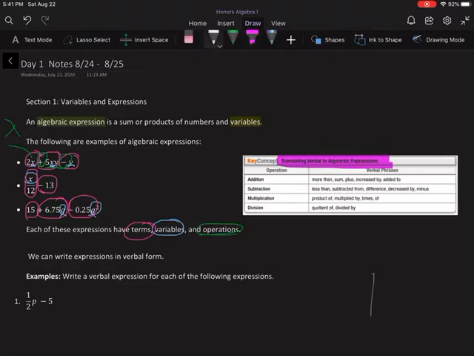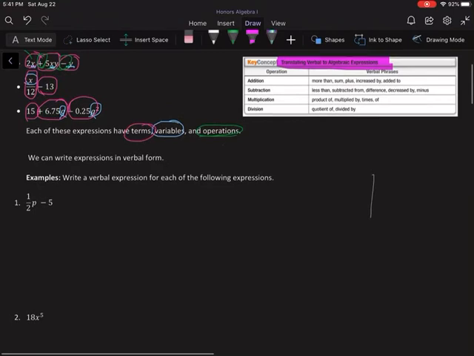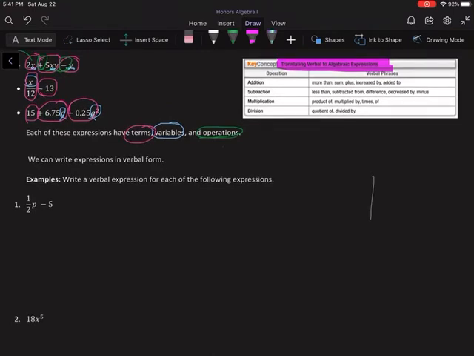So if we are to go down here, you'll have to write this out. I know that. So write a verbal expression for each of the following expressions. And those are algebraic expressions. Okay, so here we have something in front of a P.